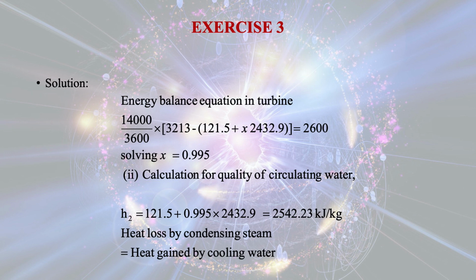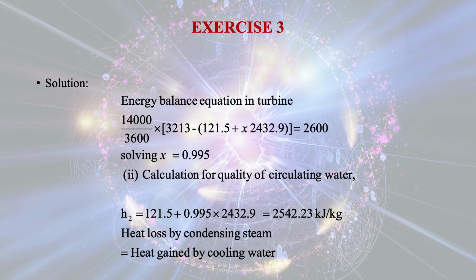The second part of this problem is the calculation of the quantity of circulating water. The dryness fraction we have already got, that is x is equal to 0.995. Now we have to calculate the next part of this numerical.